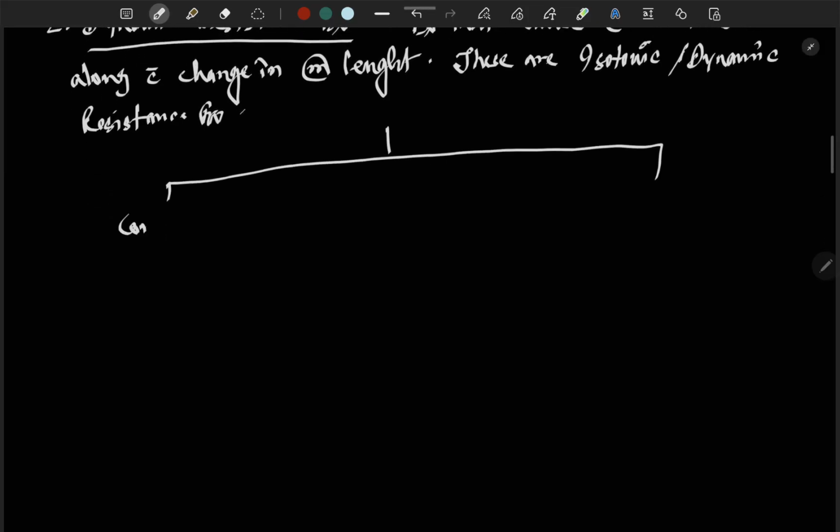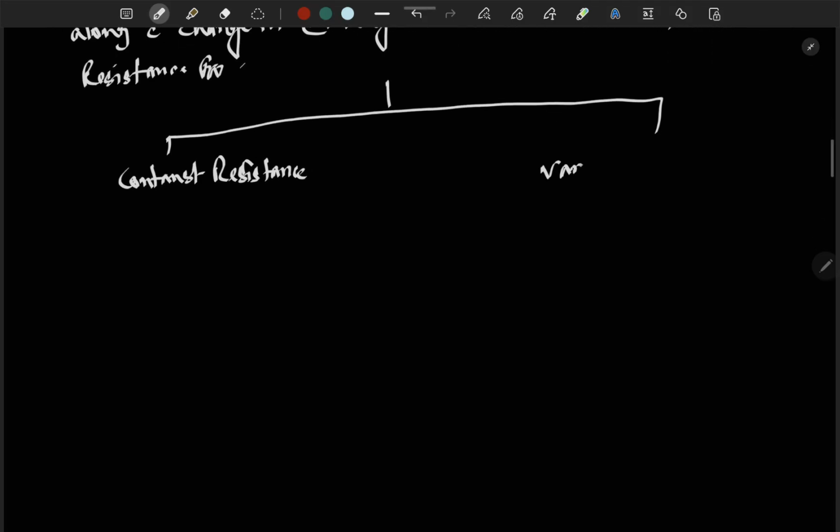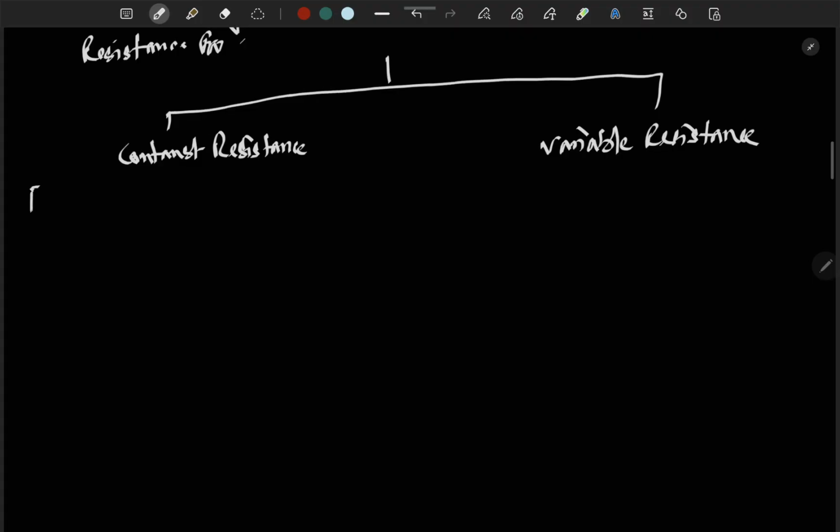One is constant resistance, another one is variable resistance. So what is constant resistance?